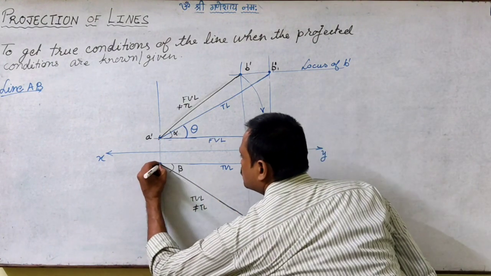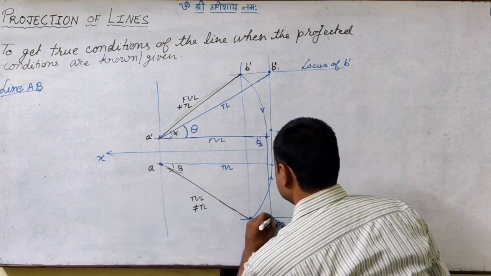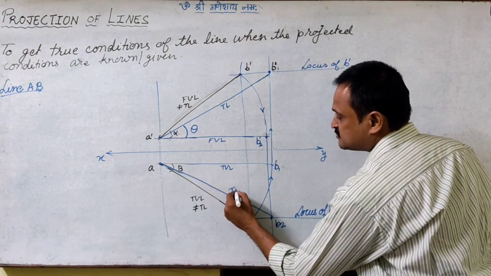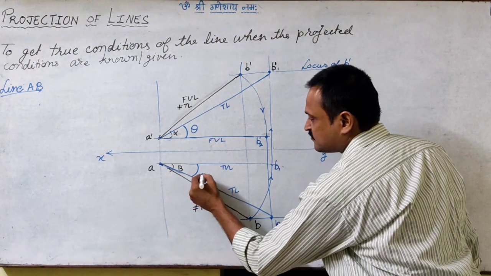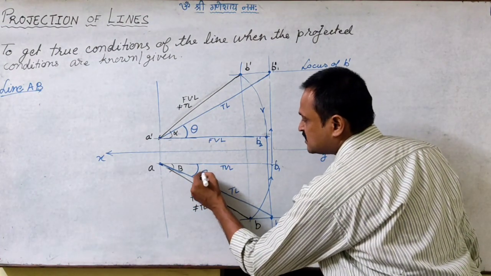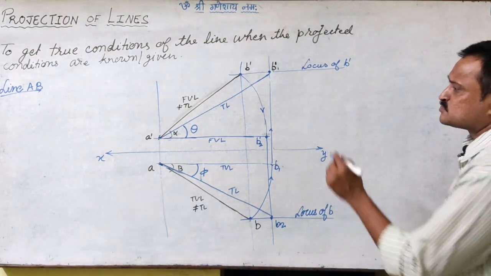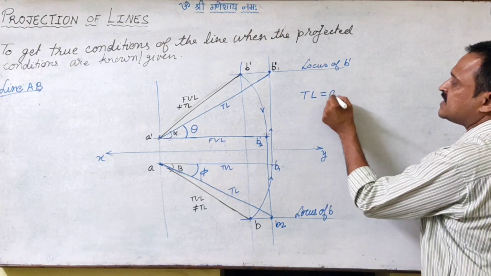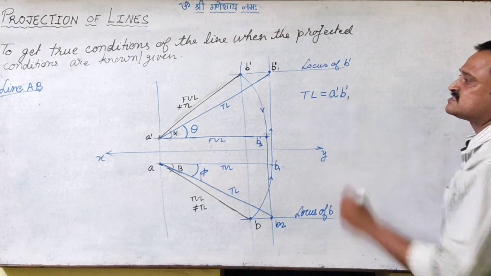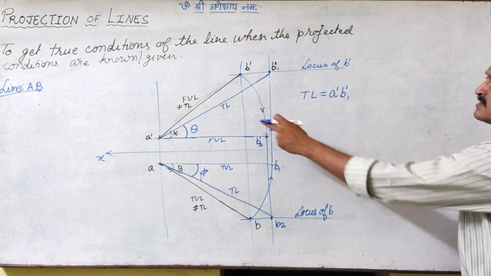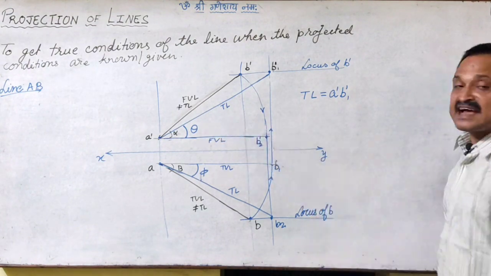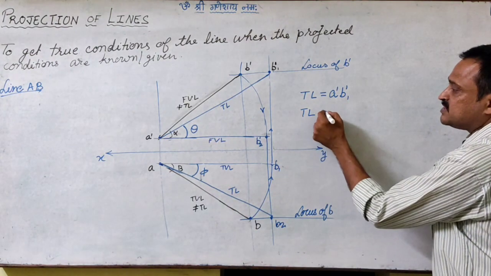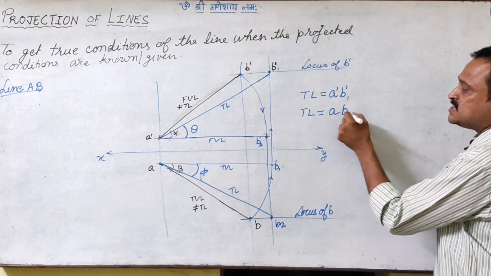So when I join AB2, this AB2 again will give me the true length, and the inclination of AB2 will be the true inclination phi. So in the front view I am getting the true length equal to A dash B1 dash, and the inclination of A1 dash B1 dash is theta, and the true length in the top view as well will be equal to AB2.